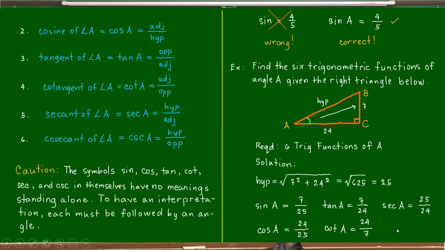What about cosecant A? Cosecant A is equal to 25 over 7, that is hypotenuse over opposite. So these are the 6 trigonometric functions of angle A from this right triangle. In case you have questions, you just talk.